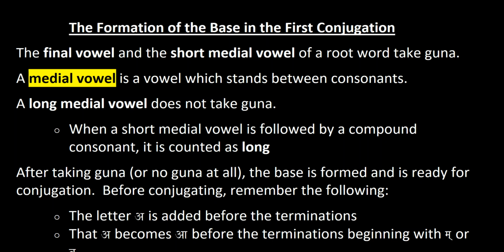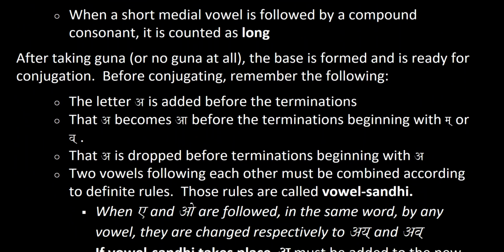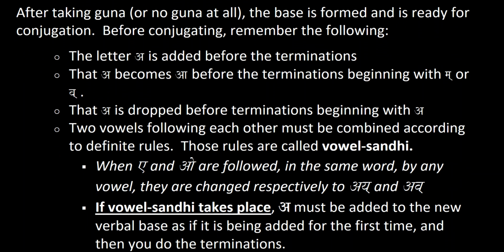As you can notice, all of the things that I taught you before this video are slowly coming together. So let's move on. After taking guna or no guna at all, the base is formed. You formed your base, and that's what the last video focused upon. And now you're ready for conjugation.